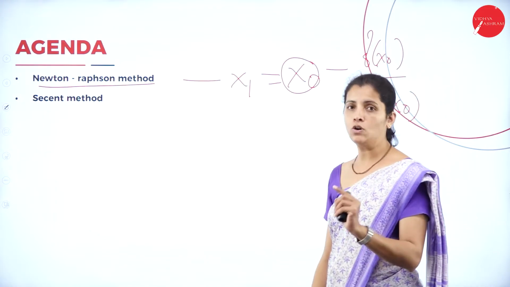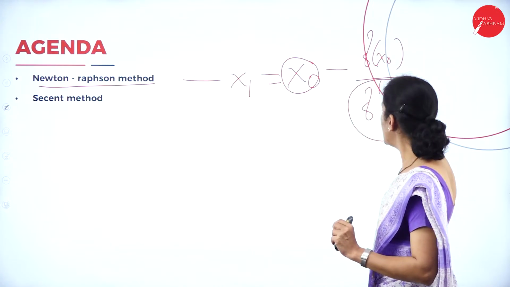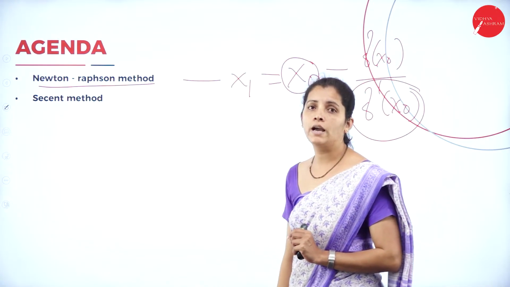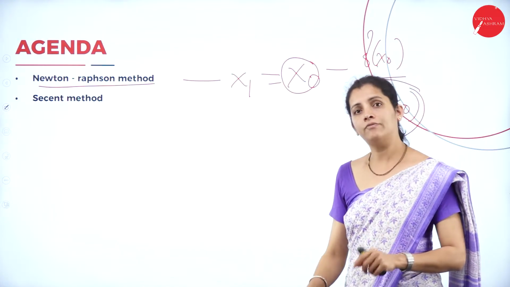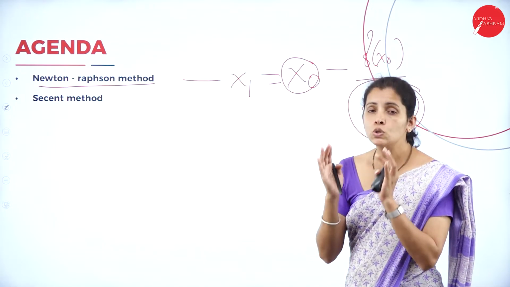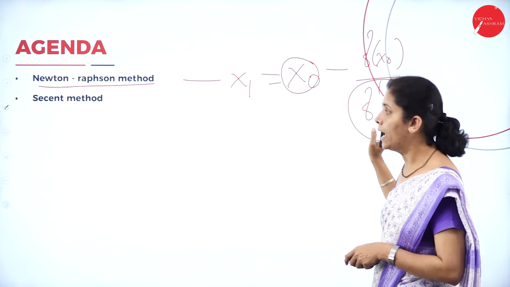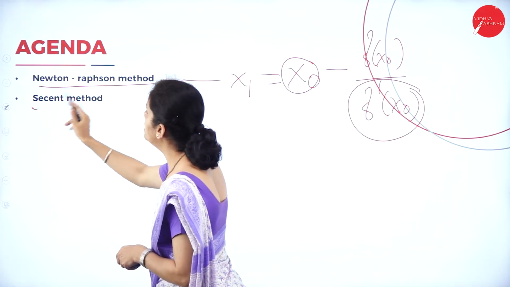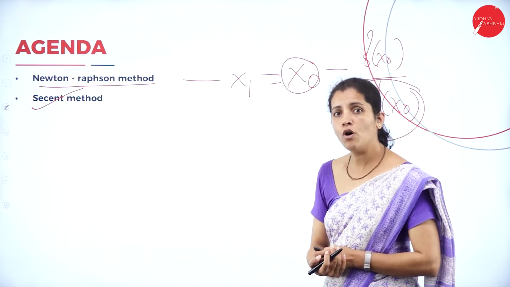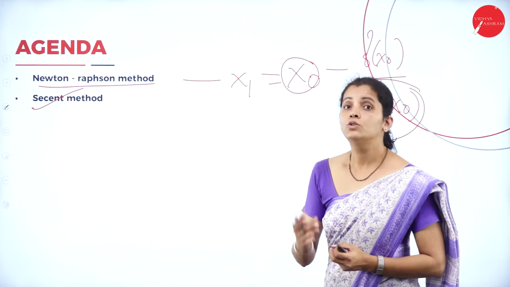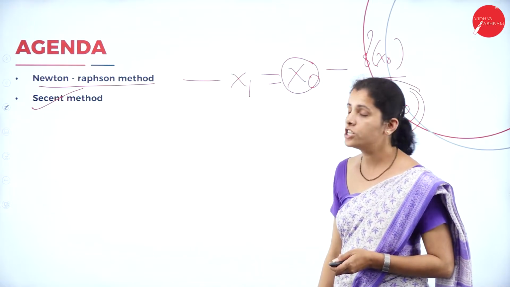By using x0, you have to find out f of x0. Then what about f dash of x0? That means I want to differentiate the given equation. After differentiating, whatever solution I get, that is my f dash of x0. Along with that, I'm going to deal with secant method, that means which algorithm I need to follow and what is the formula. So these are the two methods I'm going to deal with in today's session.